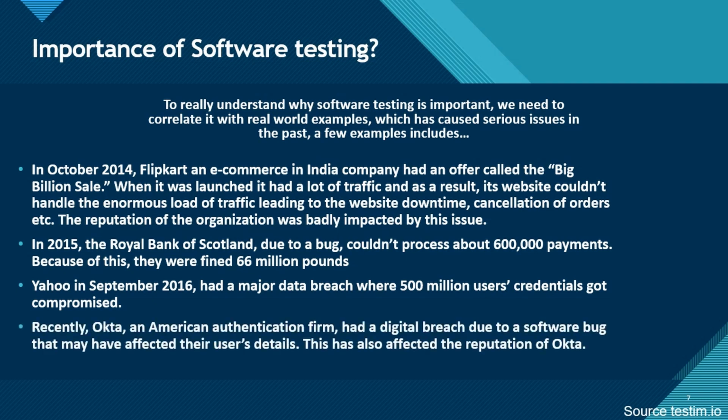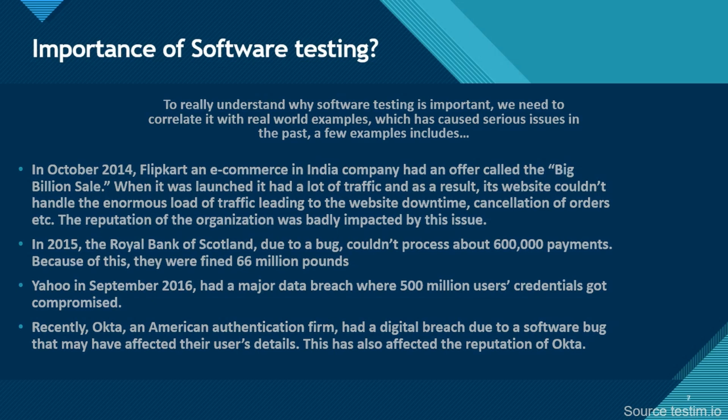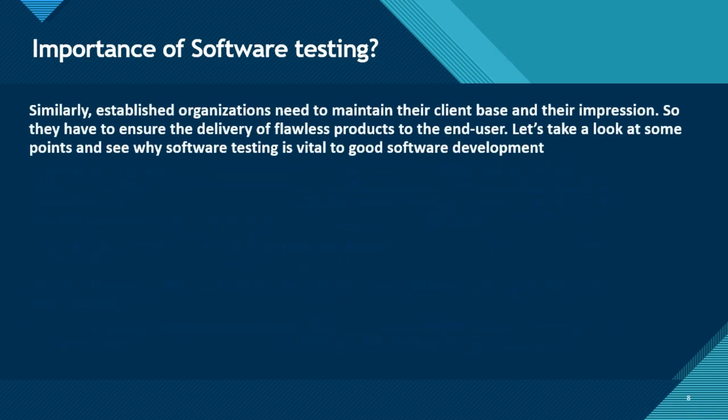Recently, Okta, an American authentication firm, had a digital breach due to a software bug that may have affected their user details. This has also affected the reputation of Okta. Similarly, established organizations need to maintain their client base and their impressions, so they have to ensure the delivery of flawless products to the end user.